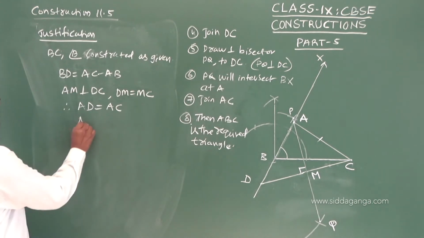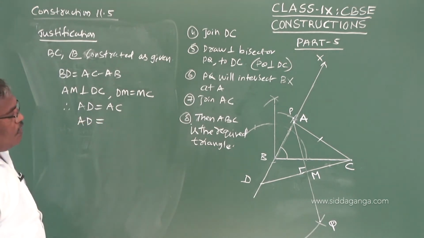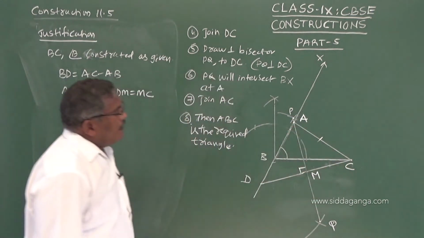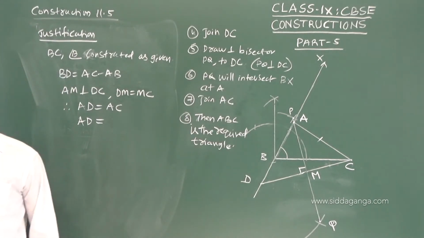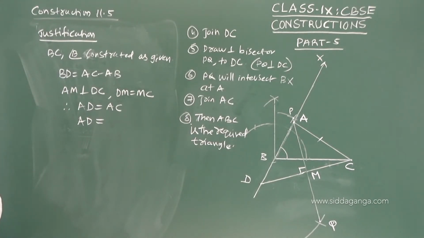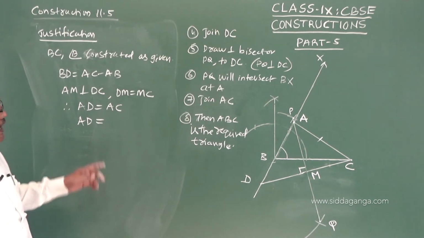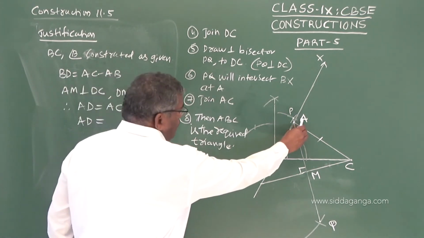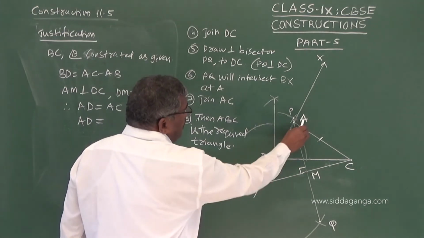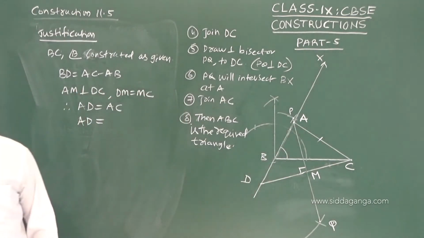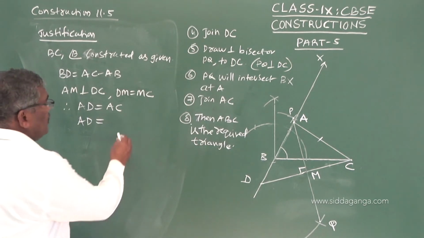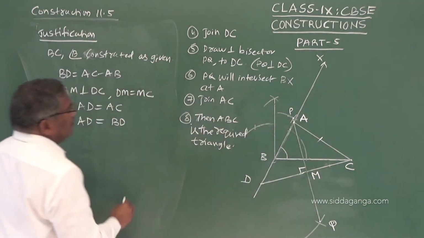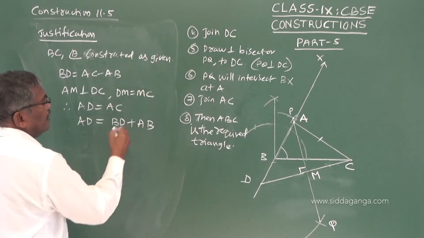So AD equals AC. You observe here, AD can also be written as AB plus BD. You can observe the figure, BD plus AB.